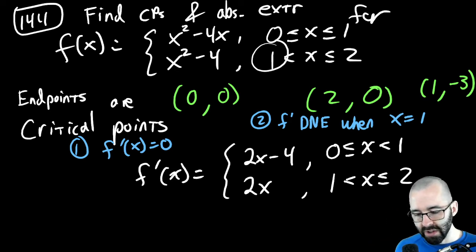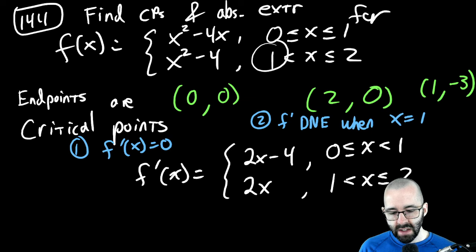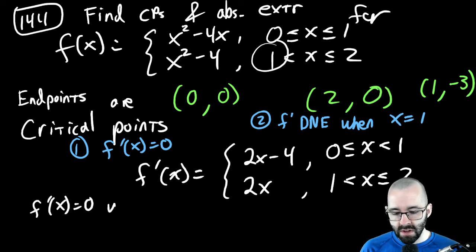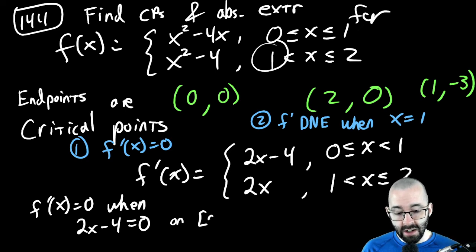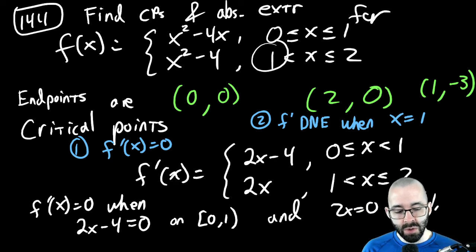And we also want to know when the derivative equals 0. So to solve this, we're just going to look at each piece and make sure that any candidates that we have are in that piece. So f prime of x equals 0 when 2x minus 4 equals 0 on the interval from 0 to 1, and when 2x equals 0 on the interval 1 to 2.